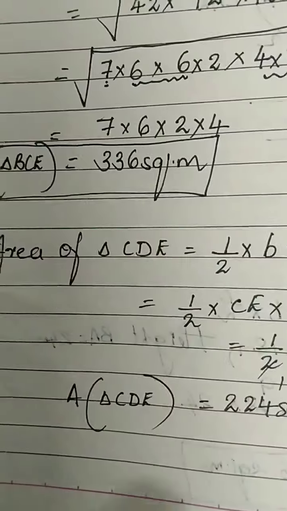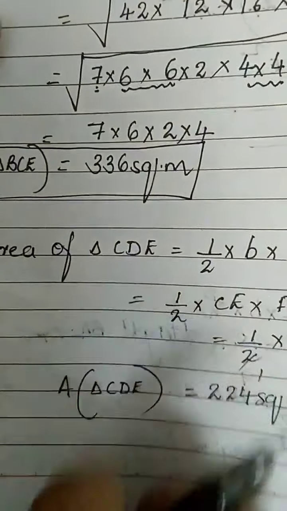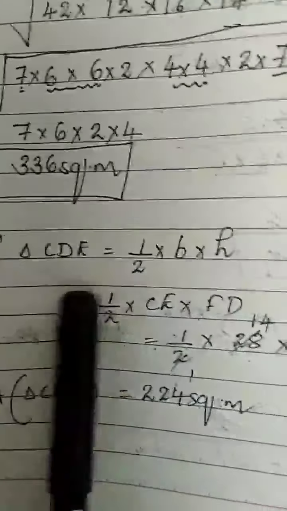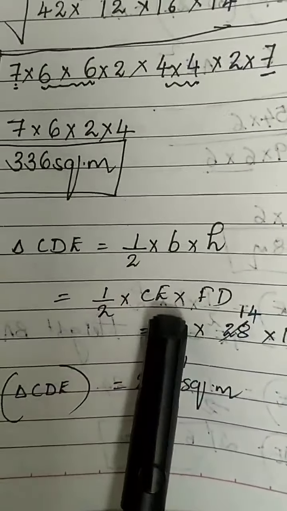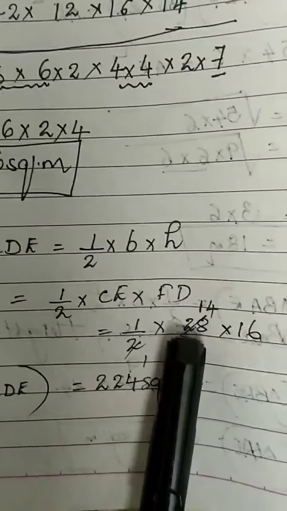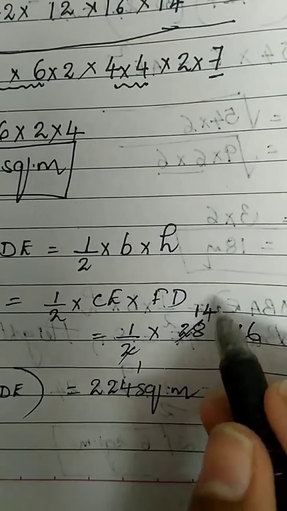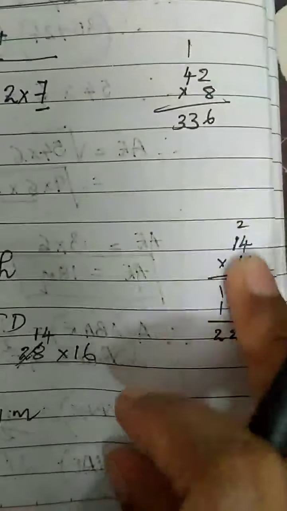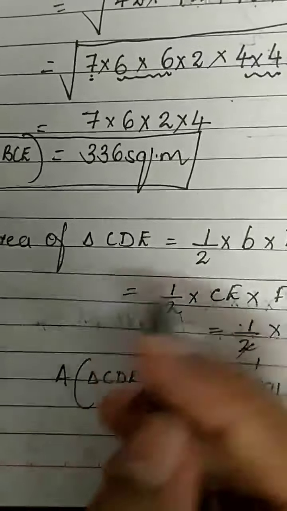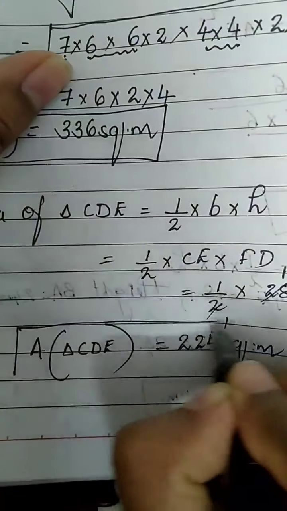Get the area. When I have calculated the area of the last triangle, that is CDE, half into base into height, CE into FD, half into 28 into 16. 2 ones are, and 28 if I cancel I get 14. Done the calculation here, 14 into 16 I got 224. Okay, so now we will highlight this answer.